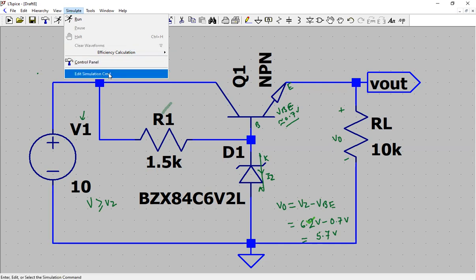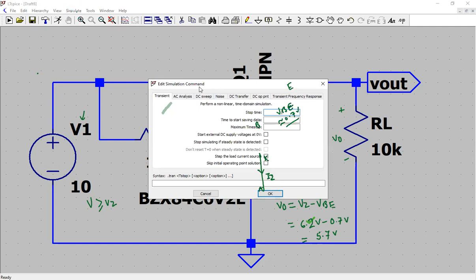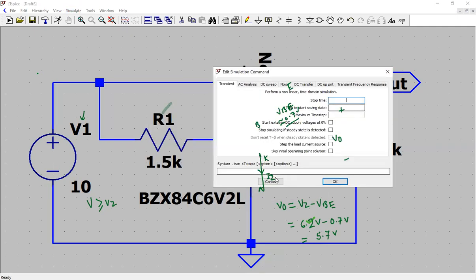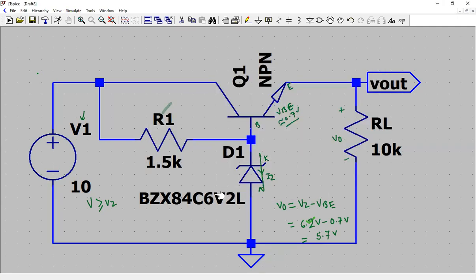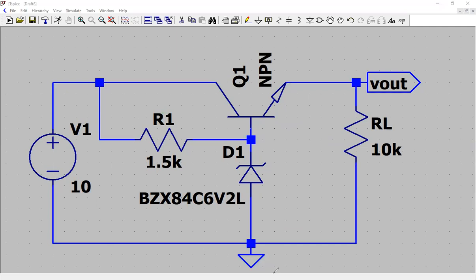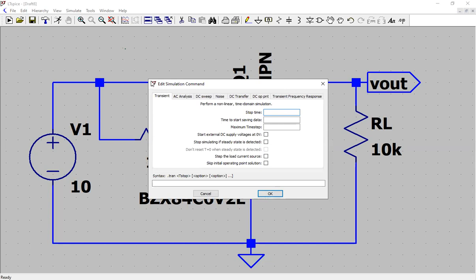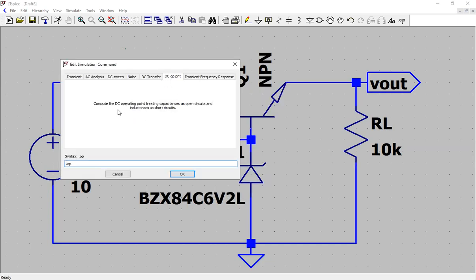So click edit simulation. Let me just remove these annotations, clear all drawings, and after that we can come back to simulation and edit simulation card. Here we choose the DC operating point. It will compute the DC operating point.